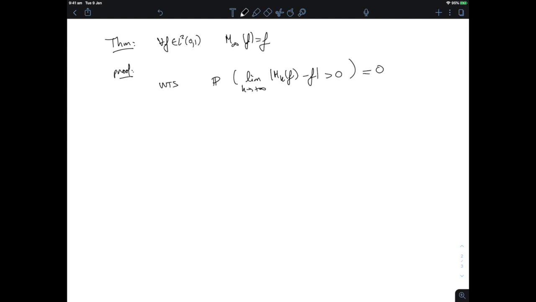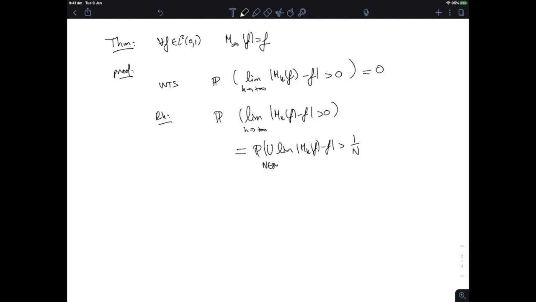And now we can remark that this probability of the limit not being f is equal to the probability of the limit of M_k f minus f being greater than 1 upon n, say, and I can take the union over all n in N of that.